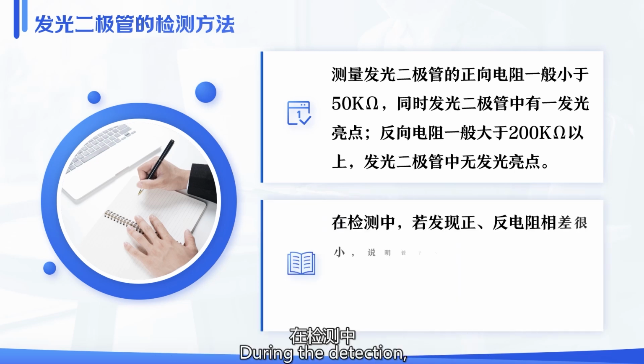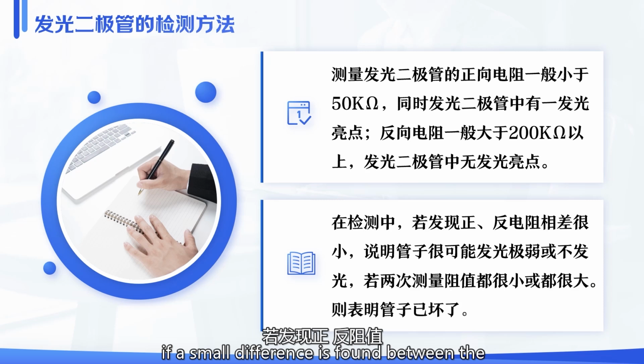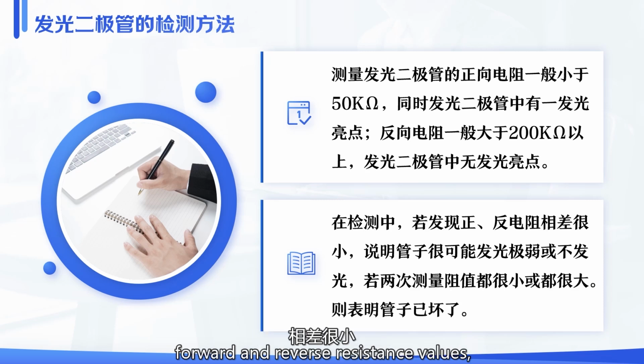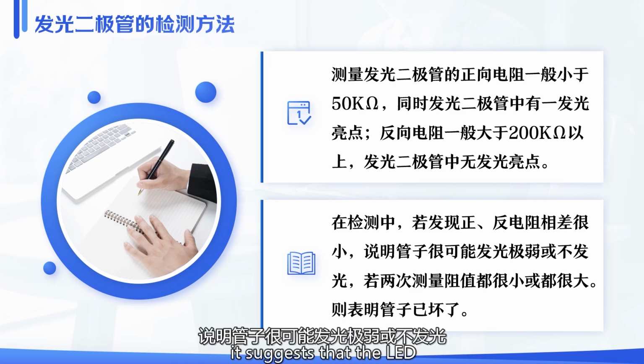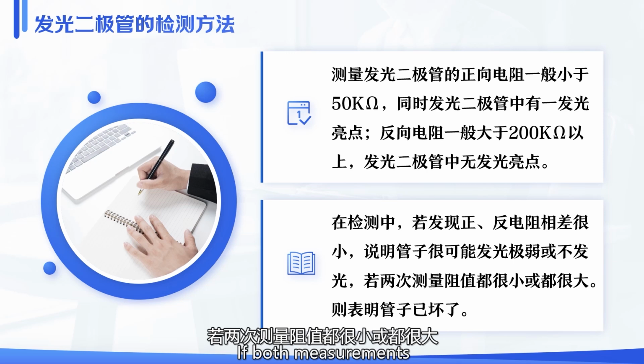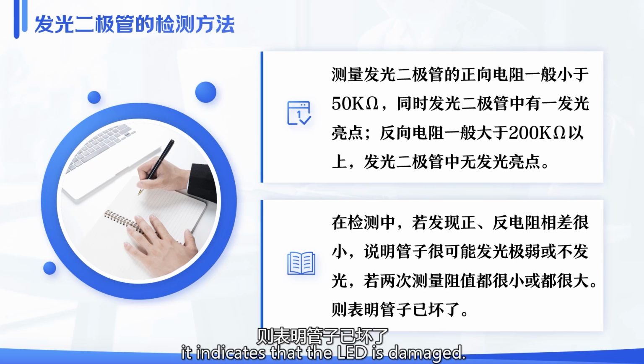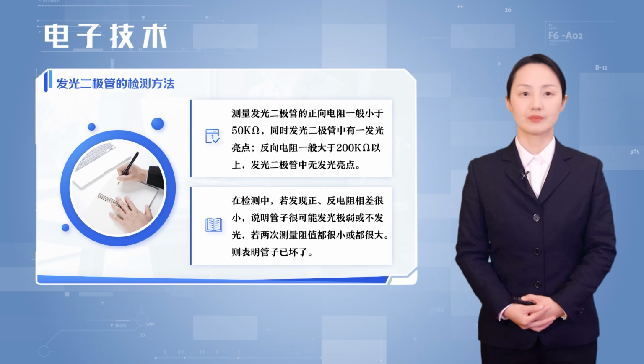During the detection, if a small difference is found between the forward and reverse resistance values, it suggests that the LED may have weak light emission or may not light up at all. If both measurements yield very low or very high resistance values, it indicates that the LED is damaged.